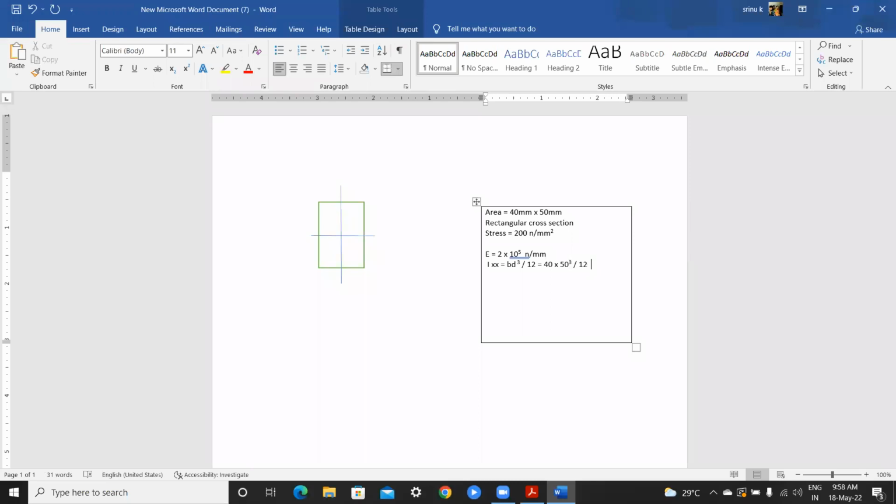Then the value will become 416.67 into 10 cube.